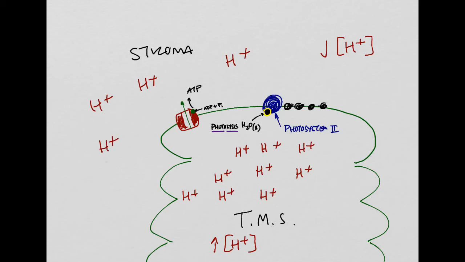So for every one of these that I move through, let's say if I erase this one and this one, then I'm going to have to add those three out here. And at some point, you're going to have the same number of protons on either side of the thylakoid membrane system and the stroma.